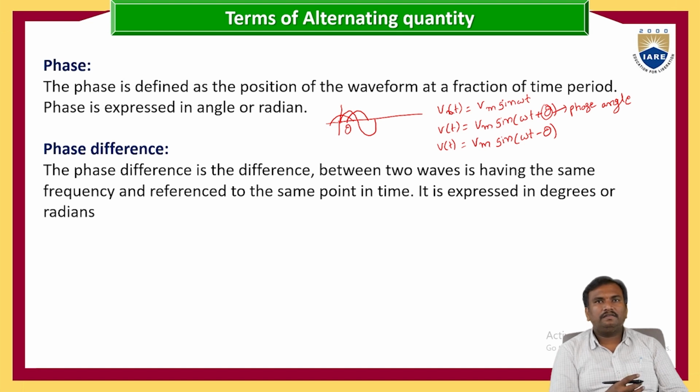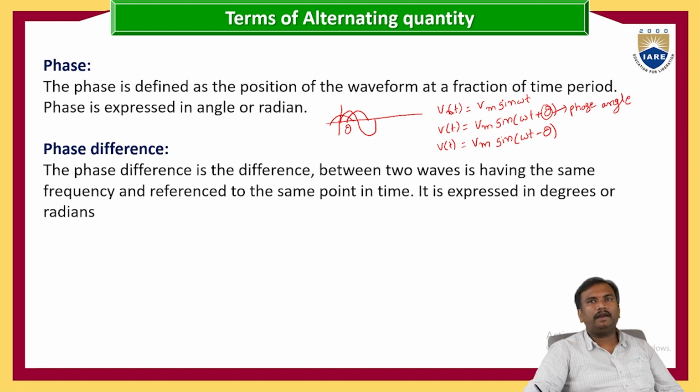And the next one is the phase difference. Phase difference is the difference between two waves having the same frequency and referring to the same point in time. It is expressed in degrees or radians.